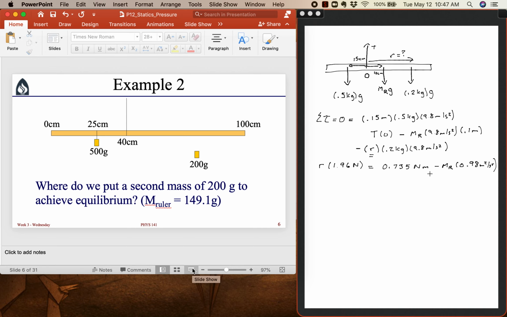All right, so then I can divide both sides by 1.96, and I also need to stick in what the mass of the ruler is.